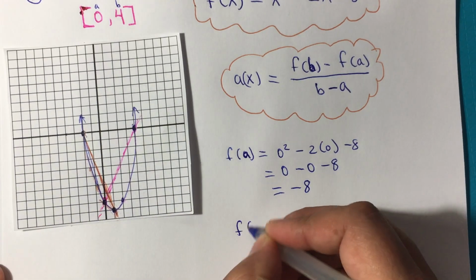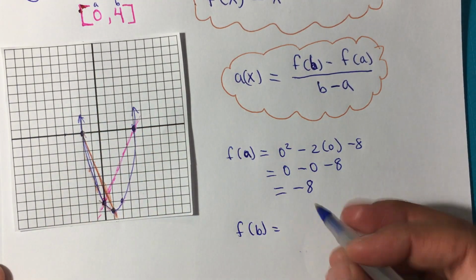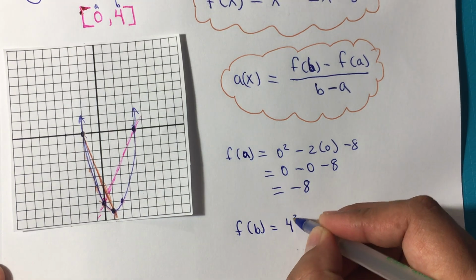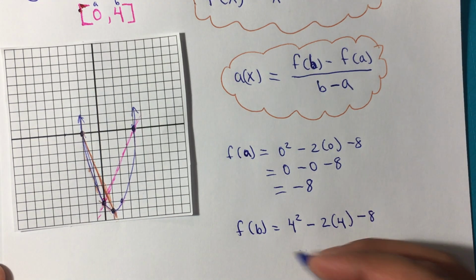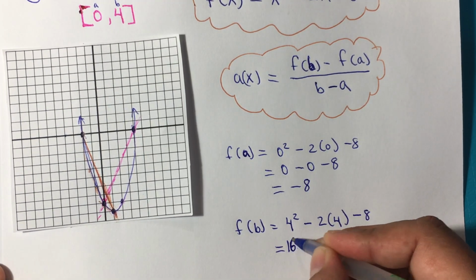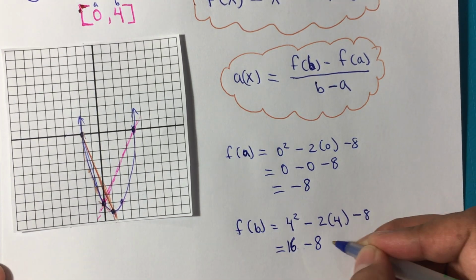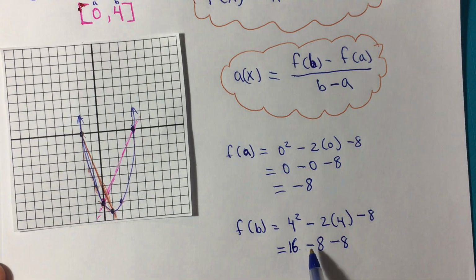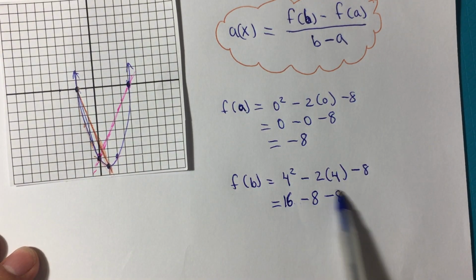Okay? For f of b, we replace x with 4. So 4 squared minus 2 times 4 minus 8. 4 squared is 16. Negative 2 times 4 is -8. In here we have -8 and -8 becomes -16.